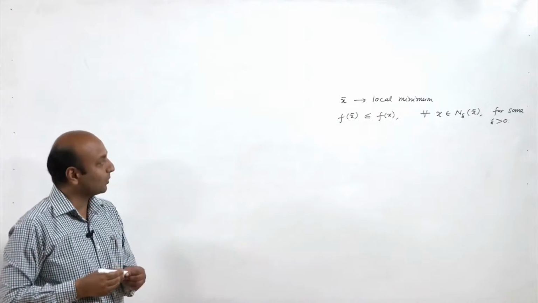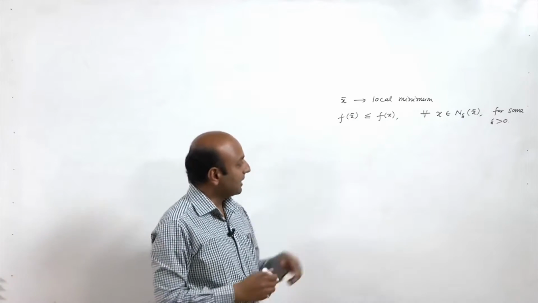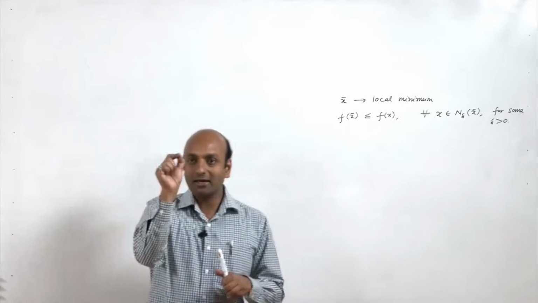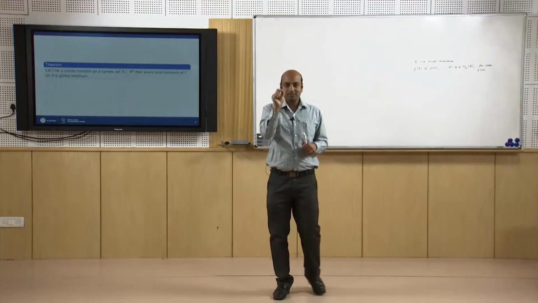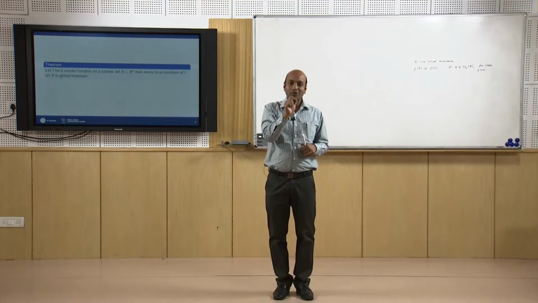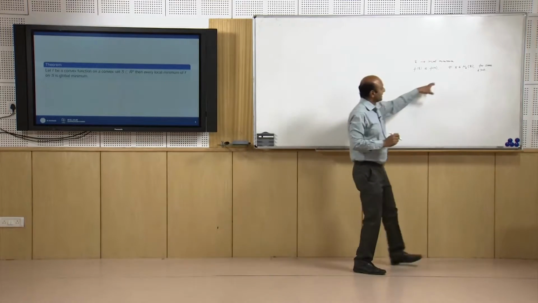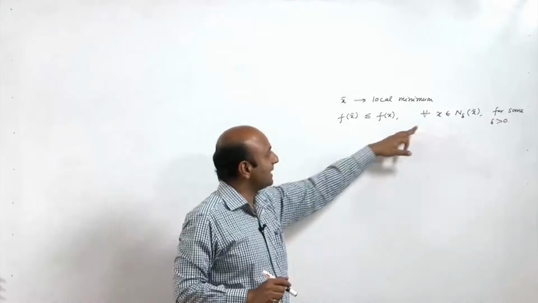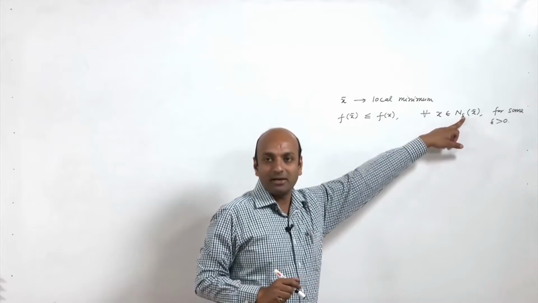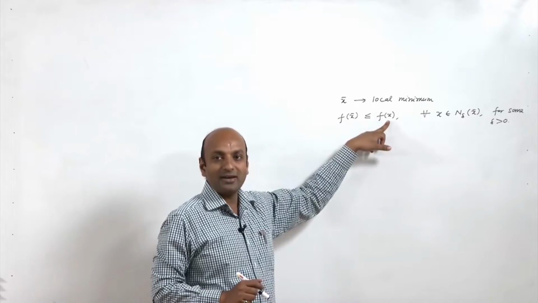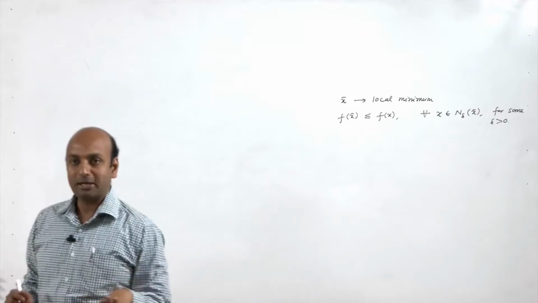This is local minimum. That means you take a neighborhood of that point x bar, no matter how small delta is. If there exists some delta neighborhood of x bar such that for all x belonging to the delta neighborhood of x bar, f(x bar) is less than or equal to f(x), this means x bar is a local minimum.